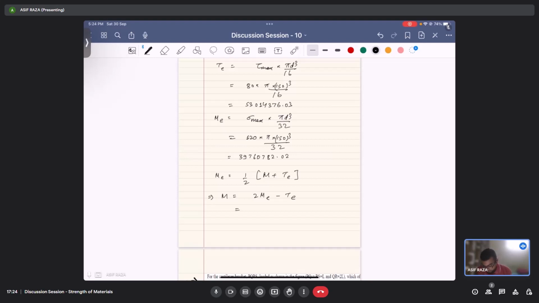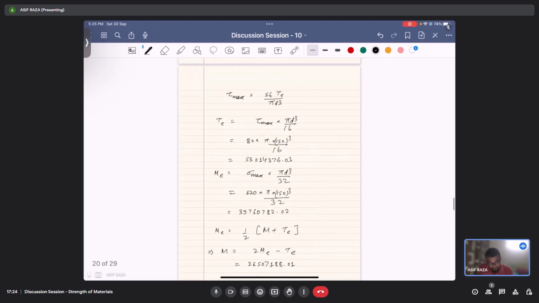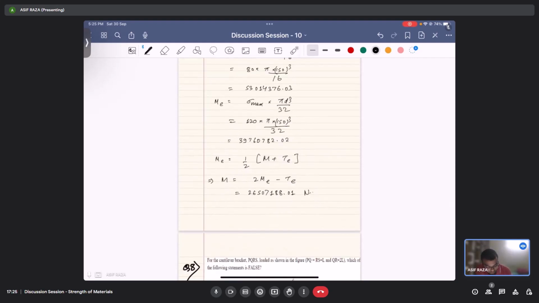So this comes out to be 26507188.01, and this would be in Newton millimeter. To convert it into kilonewton meter, it should be equal to 26.51 kilonewton meter.